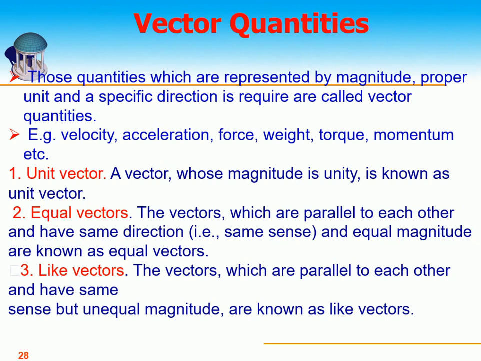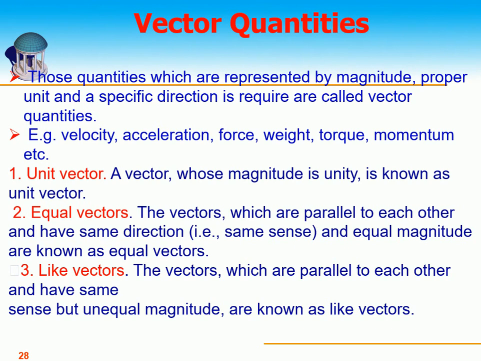Equal vectors are vectors which are parallel to each other, have the same direction and equal magnitude. Remember that they are parallel, in the same direction, and of equal magnitude. Like vectors are vectors which are parallel to each other and have the same sense but unequal magnitude.